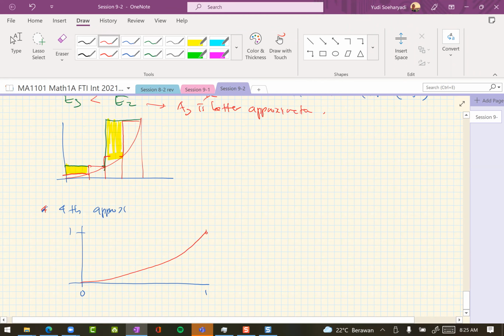Okay, what do you do with the fourth approximation? Hello, are you with me? Yes, sir, I'm still thinking of an answer. All right, so what do you do with the fourth approximation?